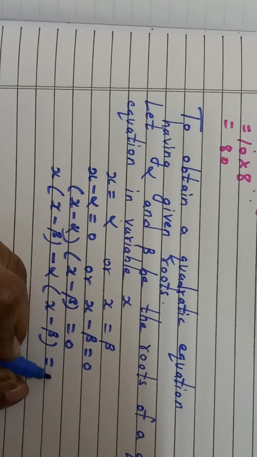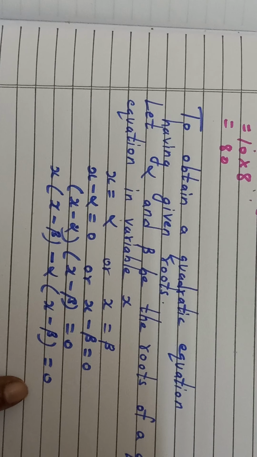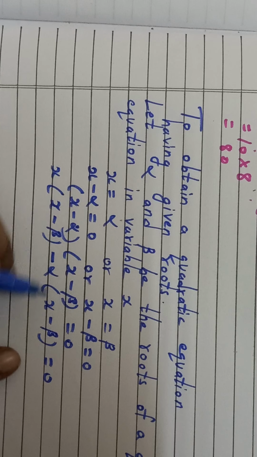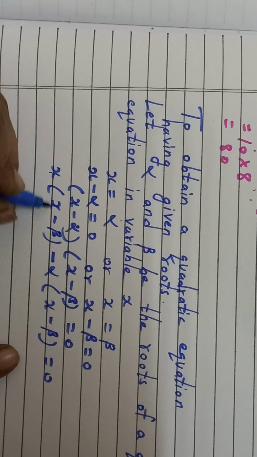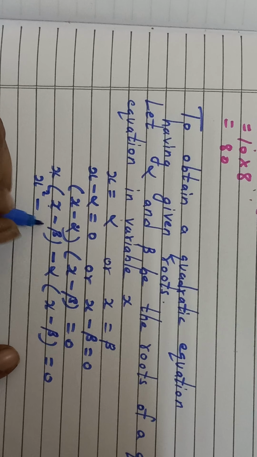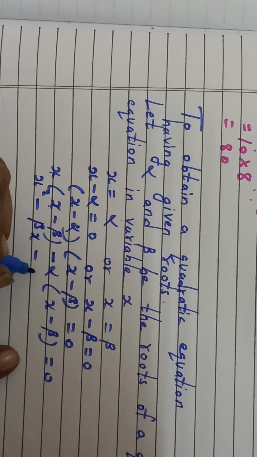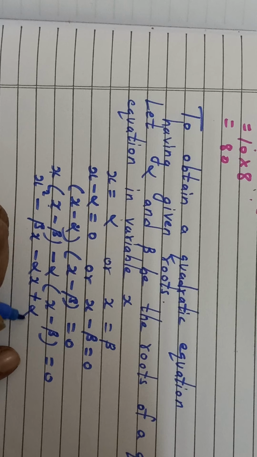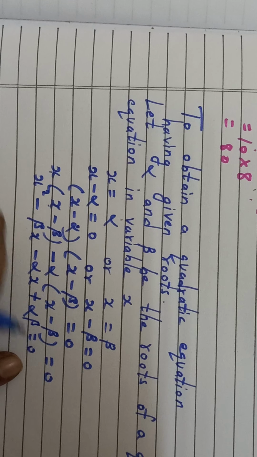It is like multiplication of two binomials. So here, x into x squared minus beta x minus alpha x, minus into minus plus alpha beta is equal to 0.